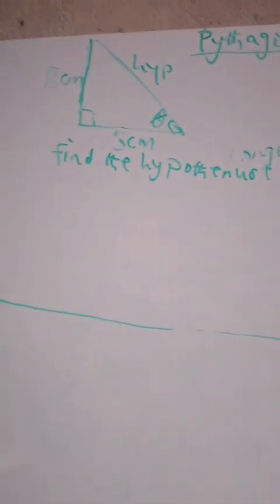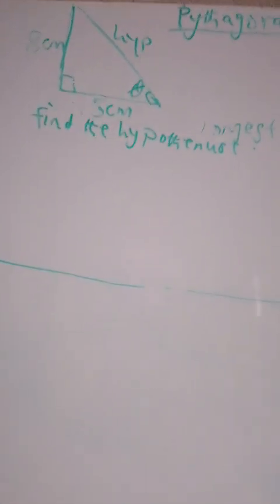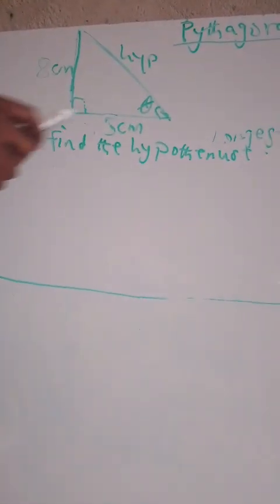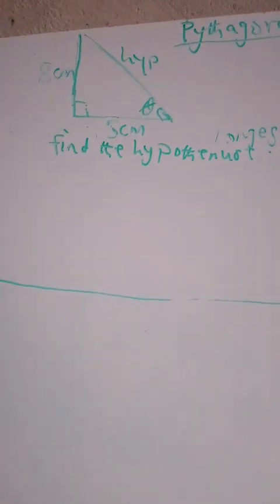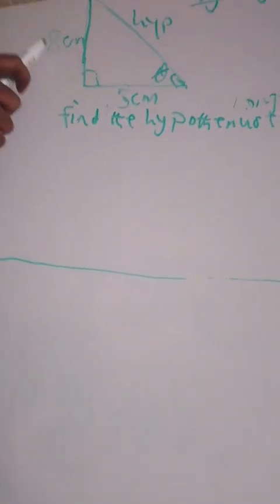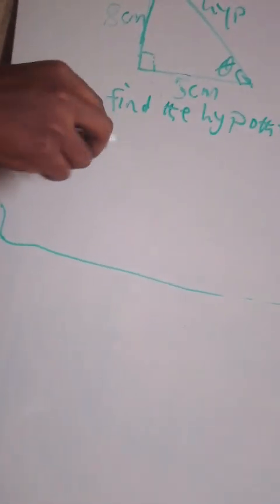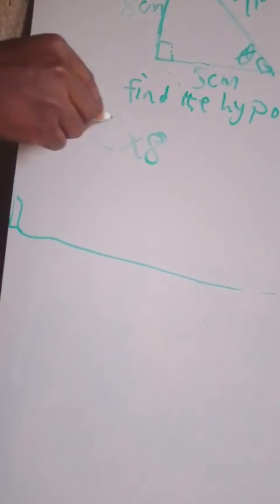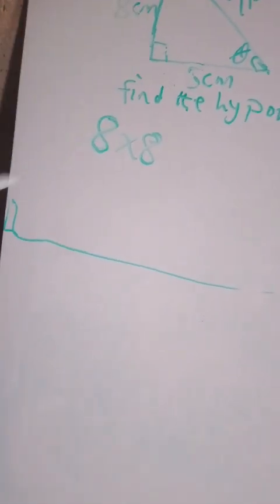So guys, this is example 2. Here we are asked to find the hypotenuse, the longest side of this right angled triangle. So all you have to do is, this is 8 cm, so we just write 8 times 8. As you can see on the board, 8 times 8.